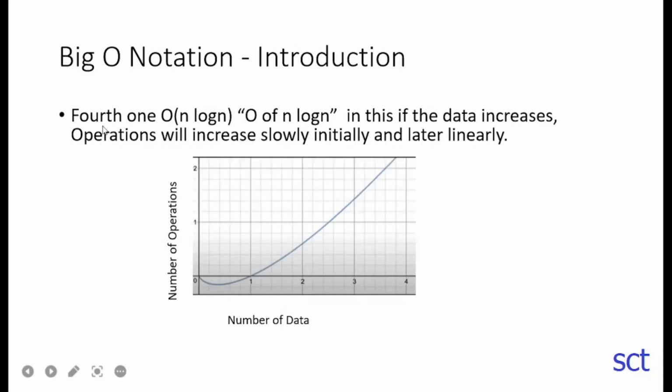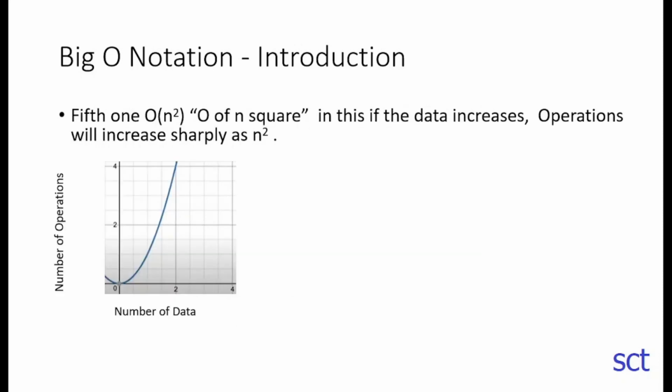Similarly, the fourth one is O of n log n. In this, if the data increases, the operations will increase slowly initially and later on increase linearly. Then the fifth one is O of n square.